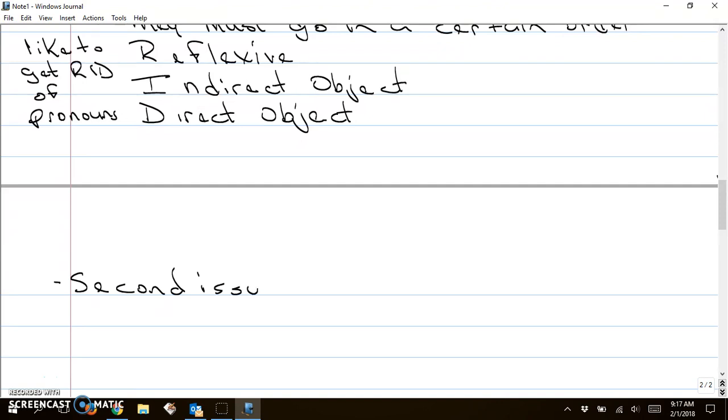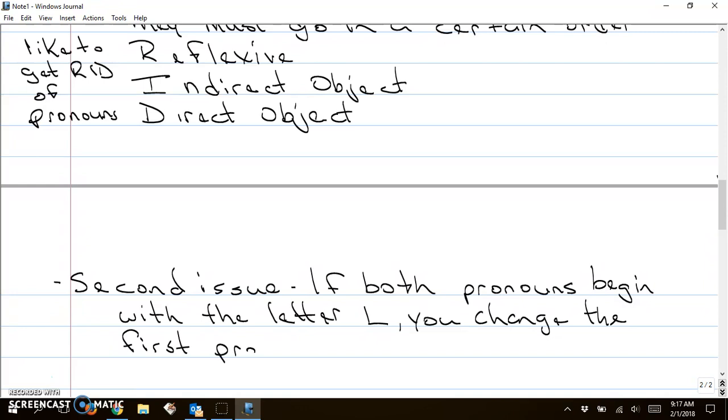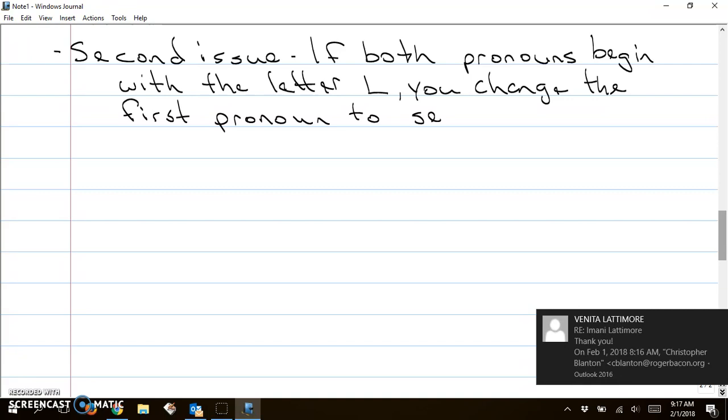The second issue, if both pronouns begin with the letter L, you change the first pronoun to se. So let's do a couple examples here.